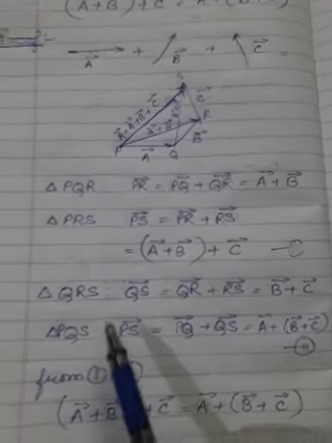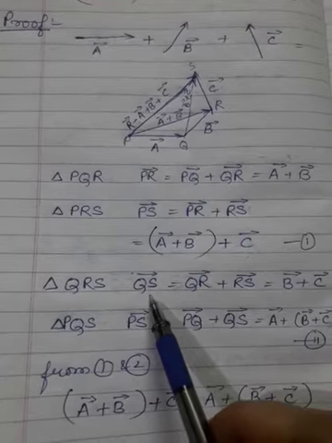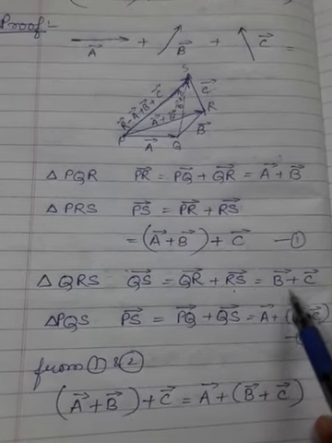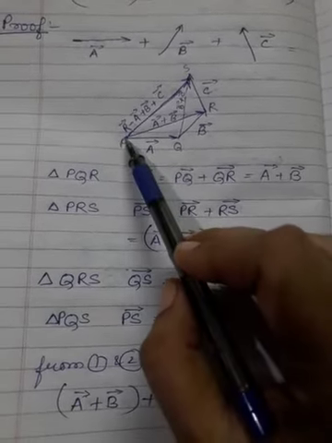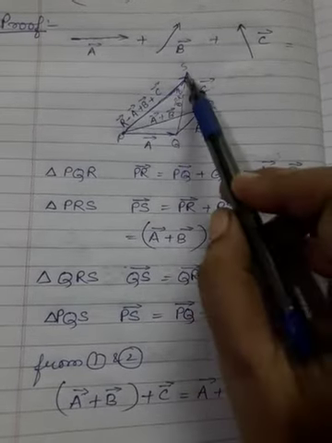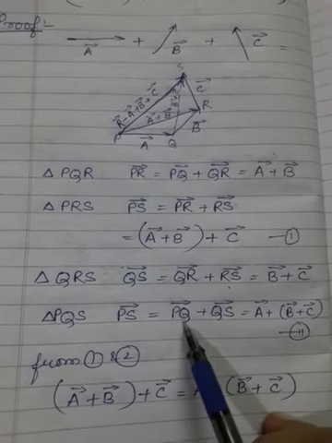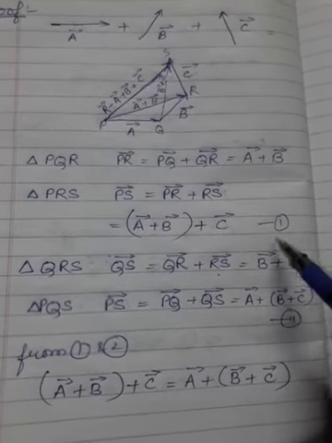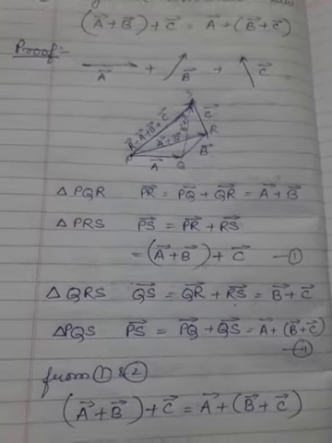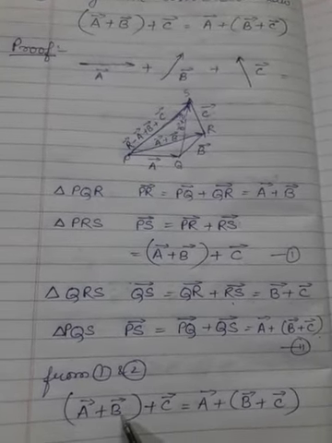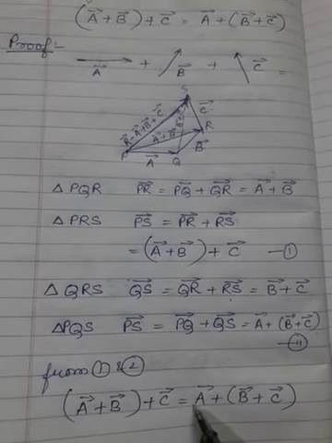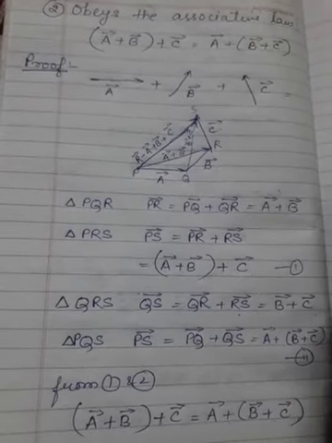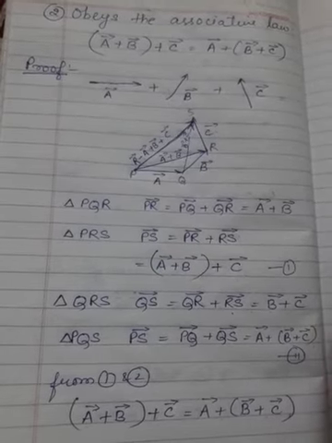In the same way, we take another triangle QRS. That means vector QS is equal to vector QR plus vector RS, which is equal to vector B plus vector C. But in triangle PQS, vector PS is equal to vector PQ plus vector QS, which is equal to vector A plus the sum of vector B and vector C. Now considering both equations, you get the associative law, that is vector A plus vector B plus vector C is equal to vector A plus the sum of vector B and vector C. So this is a general concept that deals with these laws.